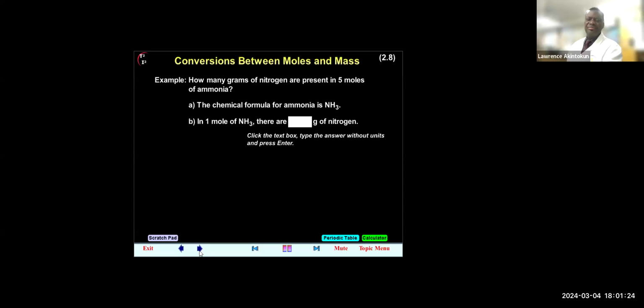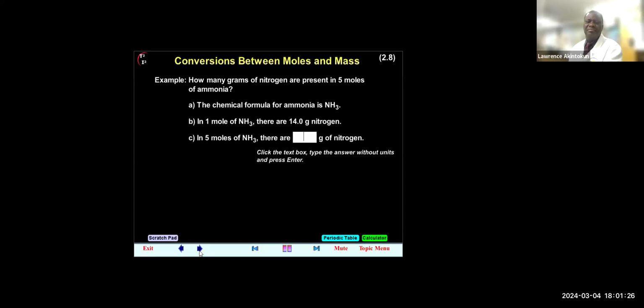Using your periodic table. C. In 5 moles of NH3, there are grams of nitrogen. All right, look at it: if 1 mole of nitrogen in NH3 is 14 grams, how many grams of nitrogen will be 5 moles?